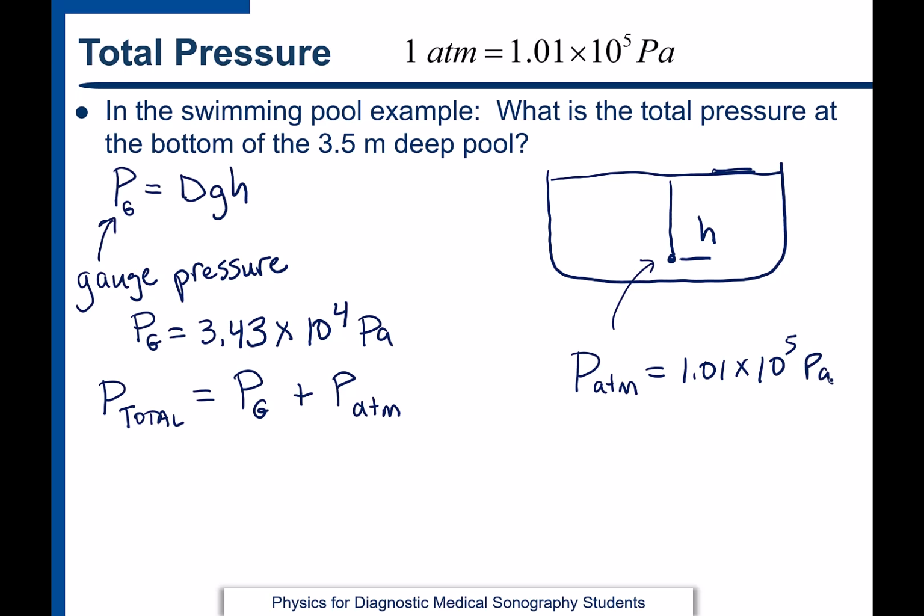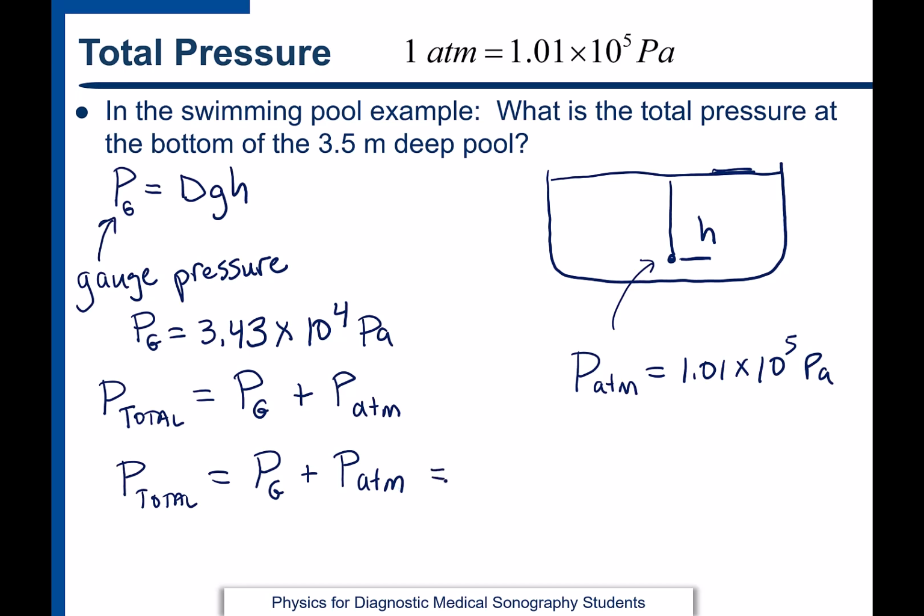And so the total pressure at that point would be the gauge pressure, that's the pressure just due to the water, plus the atmospheric pressure. So let's just figure out what that is.